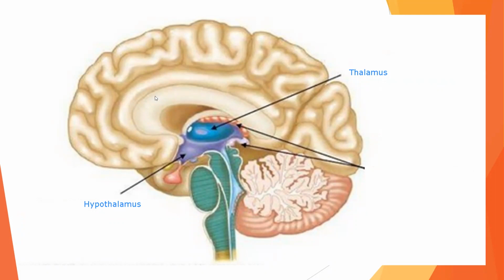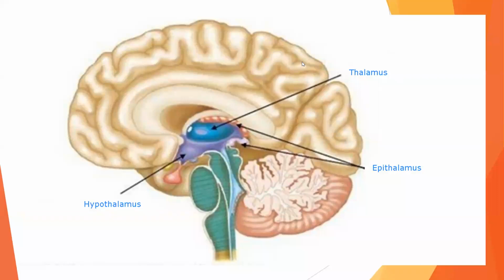Hypothalamus, coming from the prefix hypo, which means below. Please remember that, class. The prefix hypo means below or under. So it simply states literally below the thalamus, or hypothalamus.